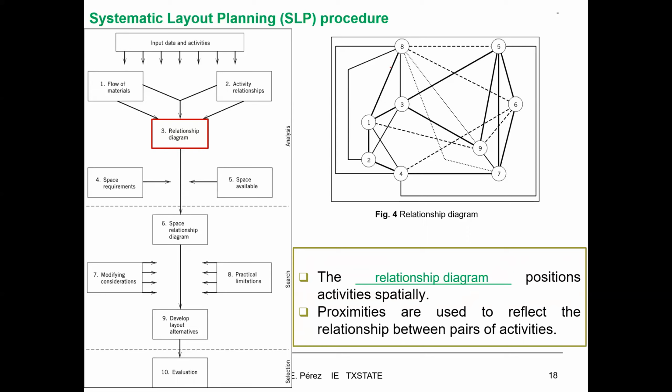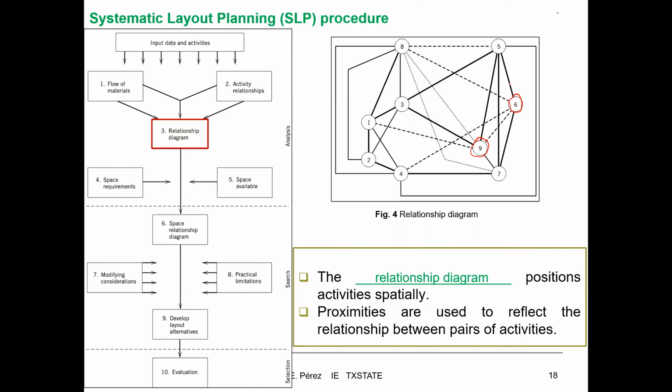So in this type of diagram, the nodes are representing the departments. In this case, we have 9, from 1 to 9, and then we have different types of lines. Each line represents the strength of the connection between those departments.